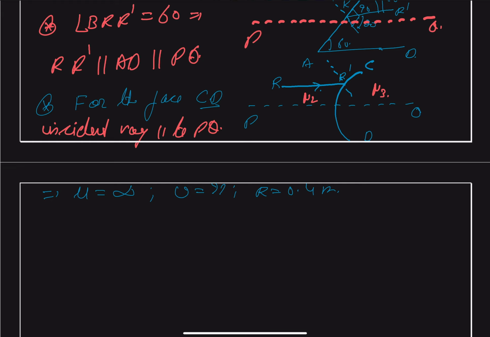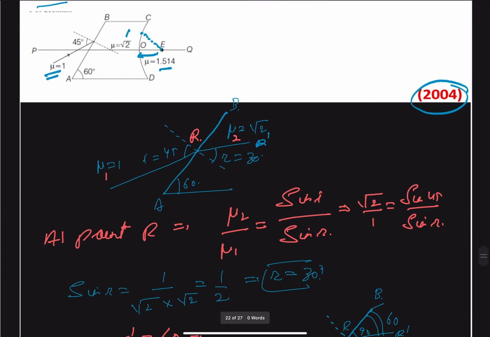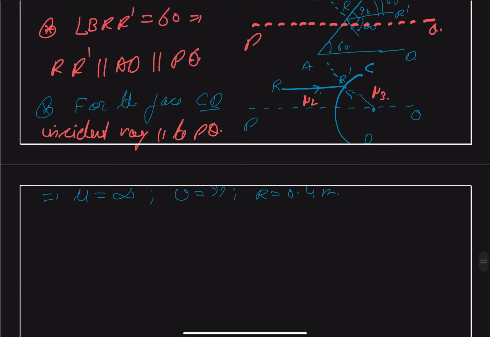Mu3 is obviously greater than mu2, so mu3 is denser and mu2 is our rarer part. So it is going to bend in this way and meet somewhere here, and this point is our E. So we have our O, and this is our E and this is our Q. We have to find out OE, or the position of the image from the point O.